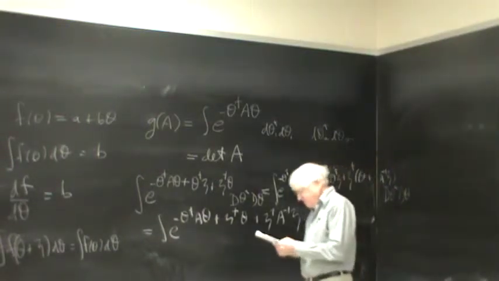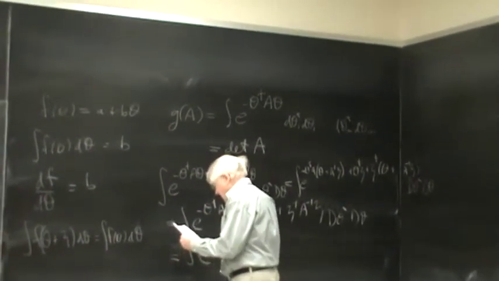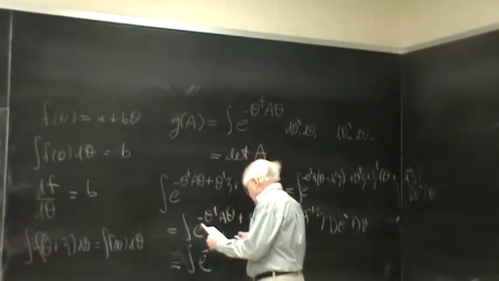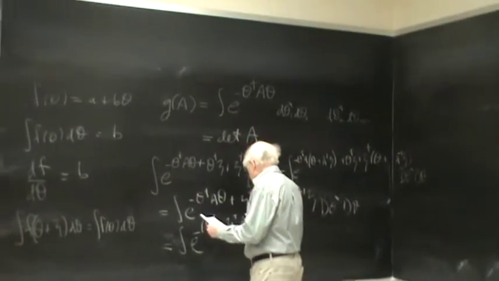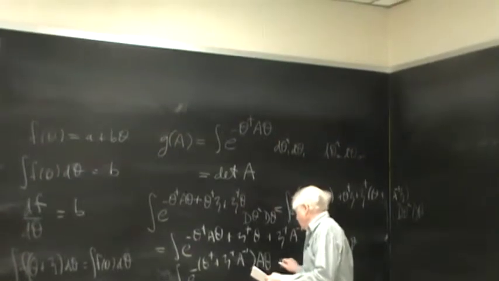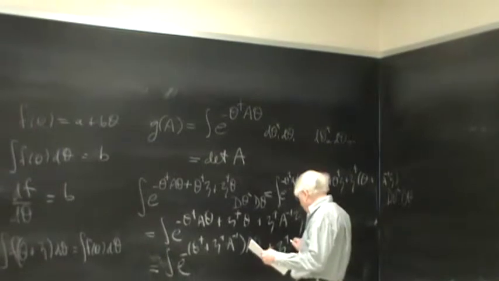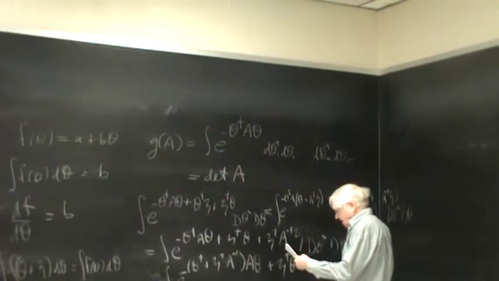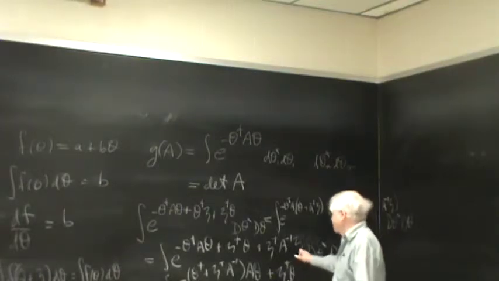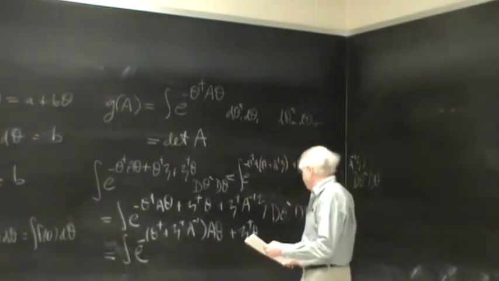Okay, now we're going to shift theta dagger. And so this is e to the minus theta dagger plus zeta dagger A inverse, times A theta, plus zeta dagger theta. And notice there's only one theta star here, so we've just shifted once.